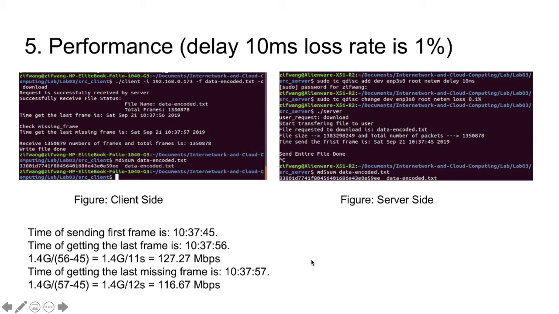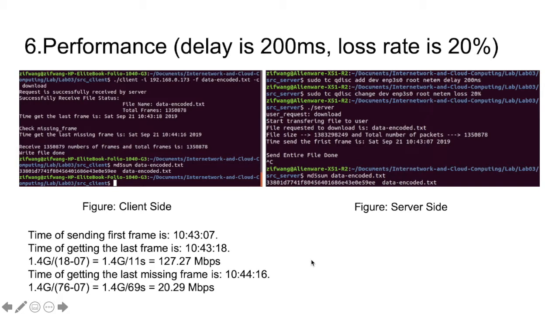And the average rate is 116.67 Mbps. But in the situation of 200 milliseconds delay and 20% loss, we can see the send first frame time is 7 and the get last frame time is 18, but the get last missing frame time is the next minute, 16 seconds.